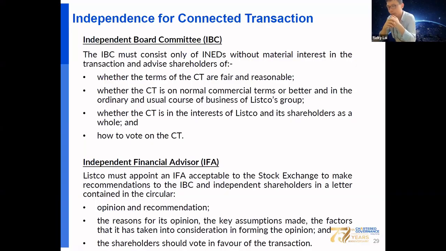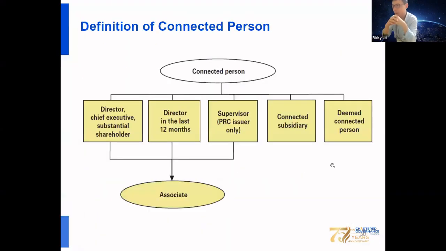Therefore, the circular must contain the IFA letter, including the opinion and recommendation, the reasons for this opinion, the key assumptions made, the factors it has taken into consideration in forming the opinion, and whether the shareholders should vote in favor of the transaction. Okay, so that's the reason why, for a CT which requires shareholder approval, please bear in mind the importance of the IBC and the IFA.